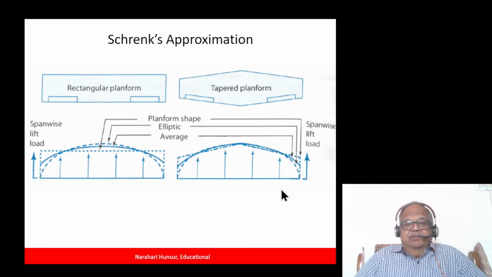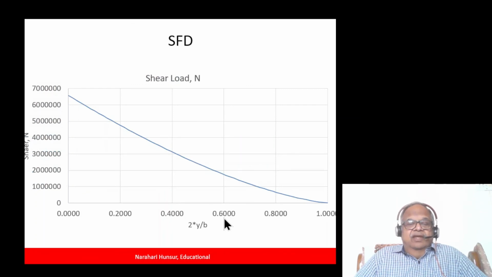Okay, now if it is a tapered planform, the load, of course, you have assumed that load is proportional to the chord, so it's not 0 or constant. It is varying from ratio between tip chord to root chord. Maximum at the root and lowest at the tip. And elliptical, as before, is 0 at the tip going back, and average is in between that. So this is the Schrenk's approximation, and this kind of shear force and bending moment you get.